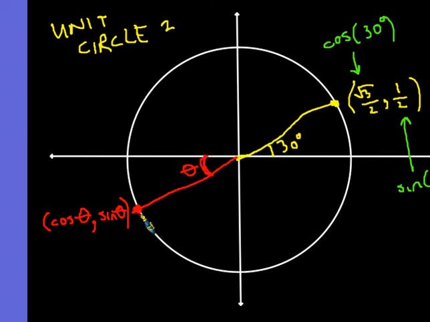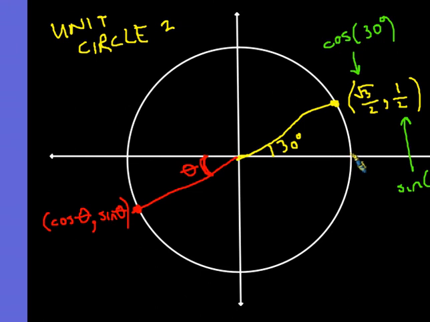Some of the coordinates are very easy to find, like using the special triangle, the square root of 3 over 2 and the 1/2. Some of them are more difficult, so we won't work with those. We'll just use a calculator. And then some of them are even easier to find than these two. So let's take a look at some of the easiest ones to find.